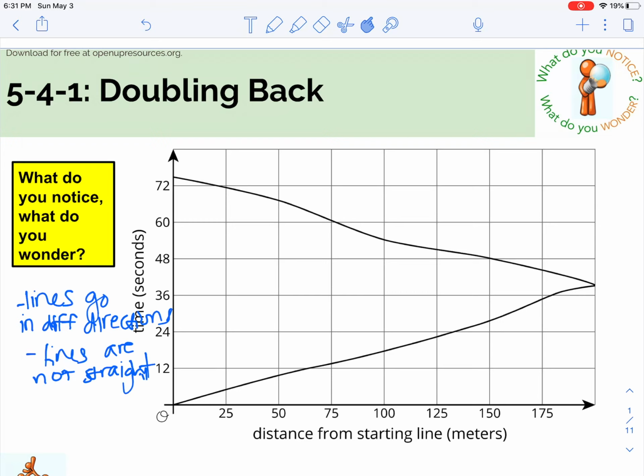You could say, I noticed that one starts at the origin here and that one starts at 72 seconds, or ends at 72 seconds. I guess it would start here at around 200 meters. So they start in different places. You could say that as well.